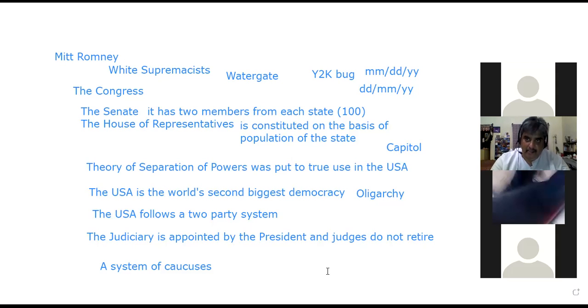And incidentally, we have ministers in our country, but there they have secretaries. The secretaries are not elected, they are nominated by the president, usually at the behest of corporations.